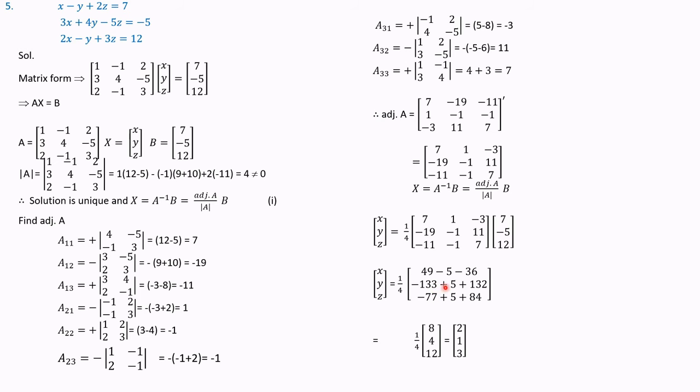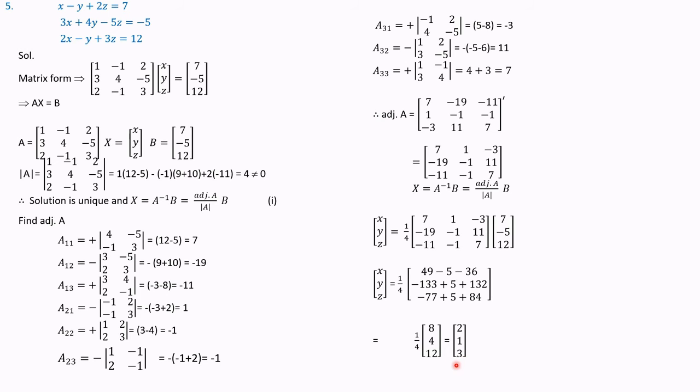Minus 133 plus 132 is minus 1 plus 5 is 4. Minus 77 plus 84 is 7 plus 5 is 12. So that has to be divided outside by a scalar factor, divided by 4. 8 by 4 is 2, 4 by 4 is 1, 12 by 4 is 3.